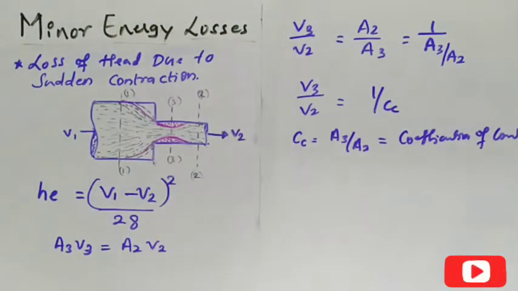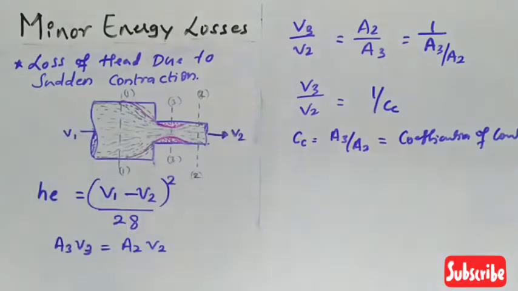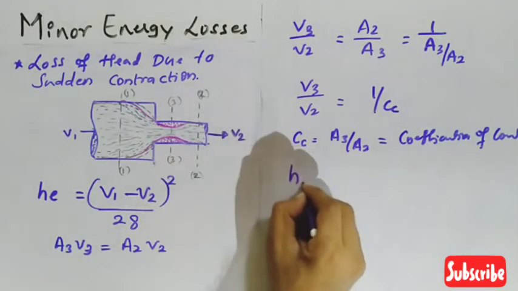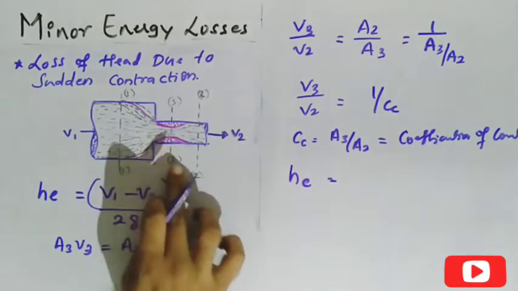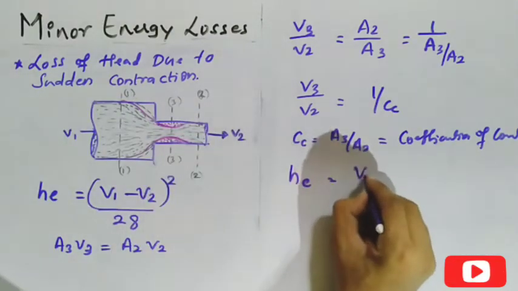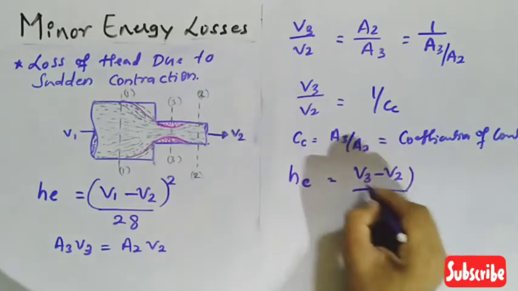Now the loss of head at section 3, that is due to the sudden enlargement, is given by HE. Here the enlargement is taking place between section 3 and 2. It is given by (V3 minus V2) whole square divided by 2g.